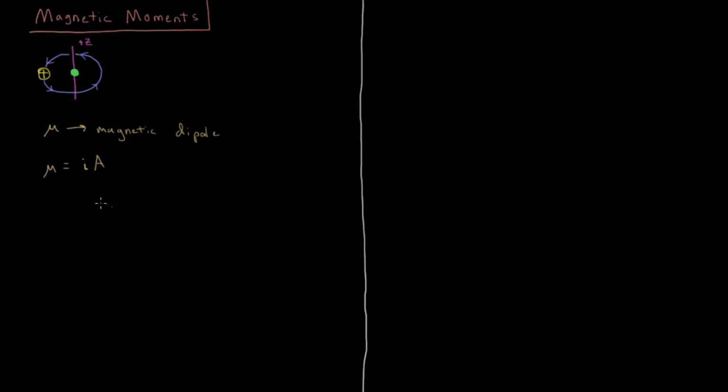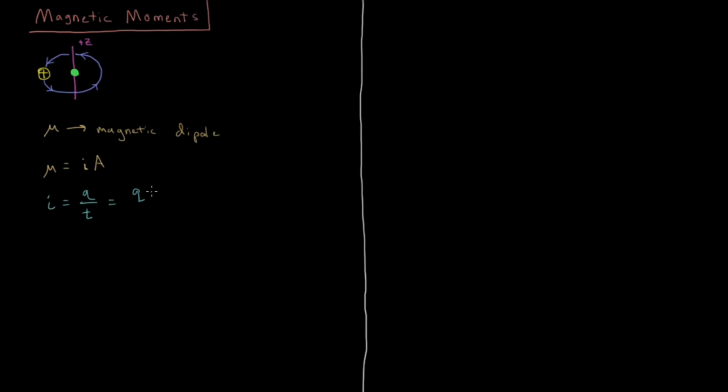So if we look into this a little bit further, we know that current is equal to charge over time. And that's going to be the charge of whatever nuclear particle we have here. If it's a proton, then it's just plus the charge of the electron, divided by the time it takes to complete one revolution.